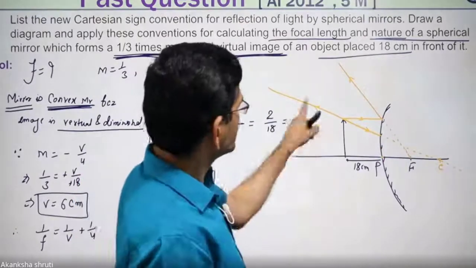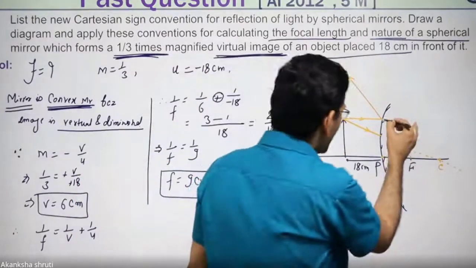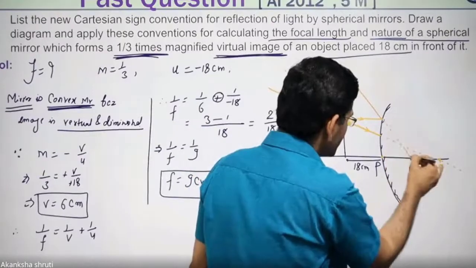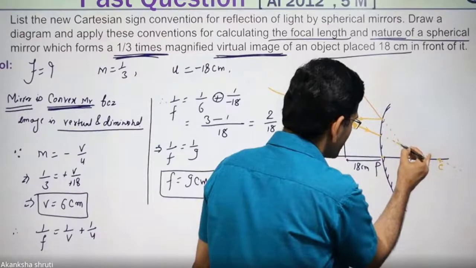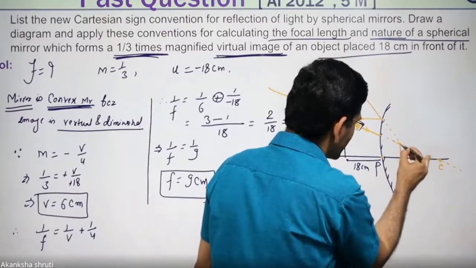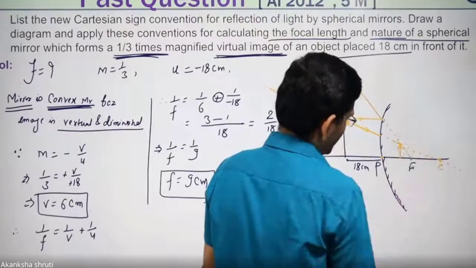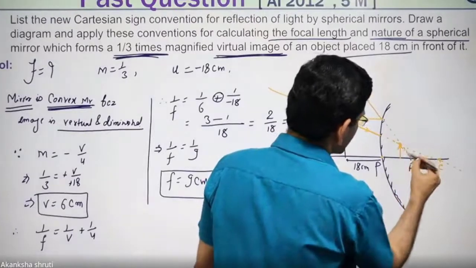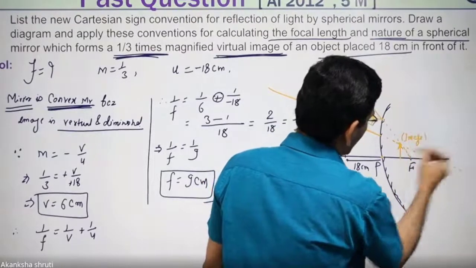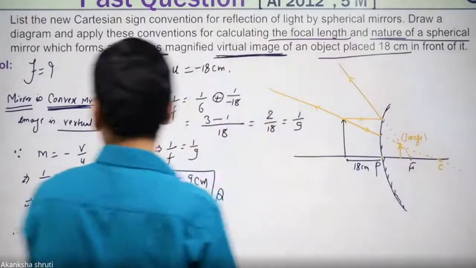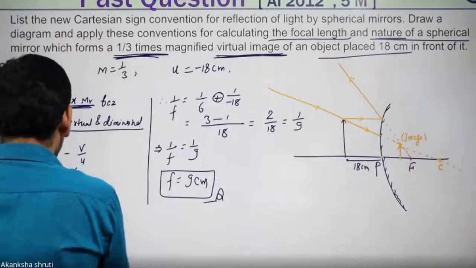Now, when these two are traced backward, one is the focus joining, the other is the center of curvature joining. So the point where they intersect is the image. So this is our image. Students, from here we get the image distance. See, this is our 6 centimeter.